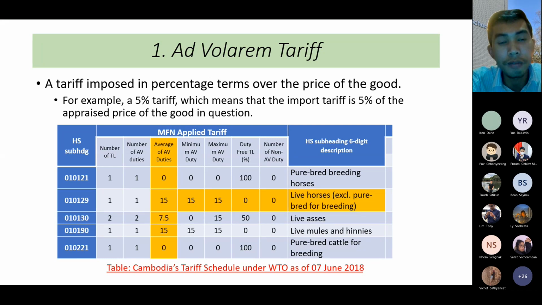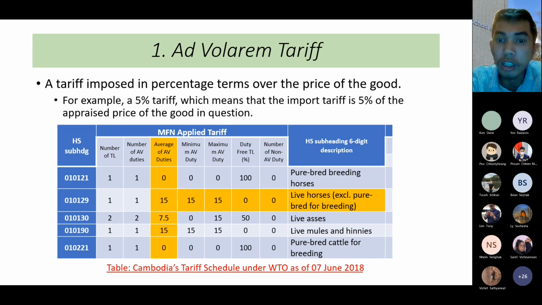The average ad valorem duty is 15%, the minimum duty is 15%, and the maximum is 15% as well. So the average AV duty on live horses, including those bred for breeding, is 15%.